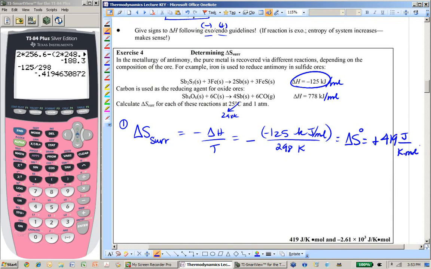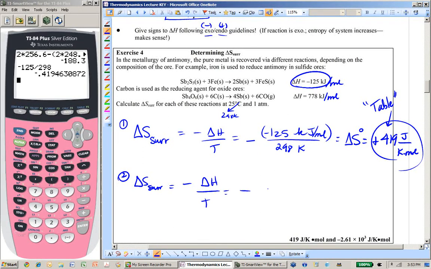And no, it wouldn't be wrong if you'd have written it like it is in my calculator, 0.419, and left it in kilojoules per Kelvin mole. But I'm telling you, when you start looking these up in the tables, this is what it's going to be reported as. And I want you to get used to it. Looking out for you. Okay, number 2, the delta S of the surroundings is equal to minus delta H over T. And I'm not going to forget my minus sign this time.